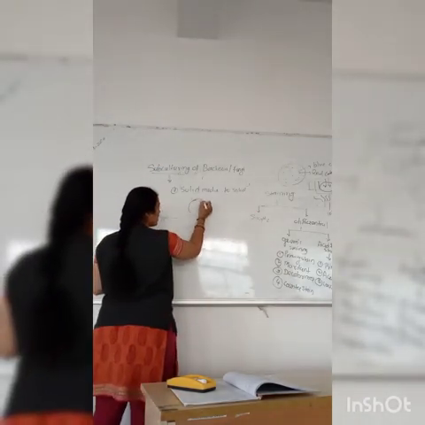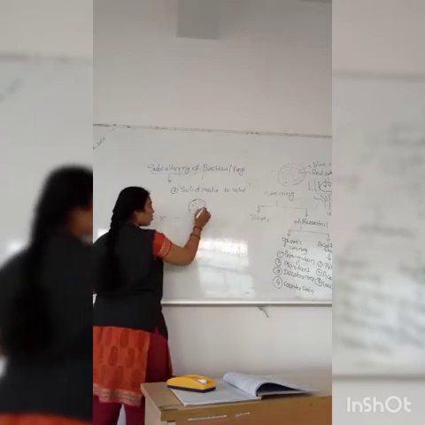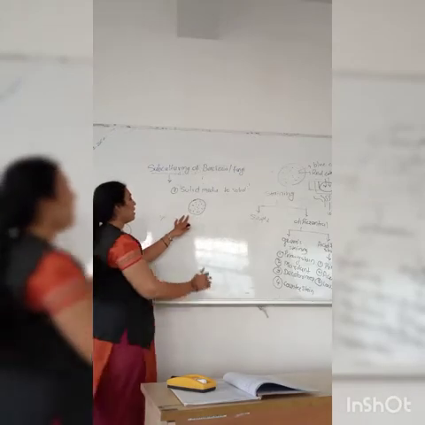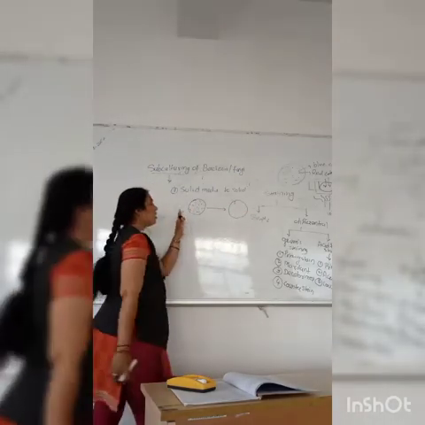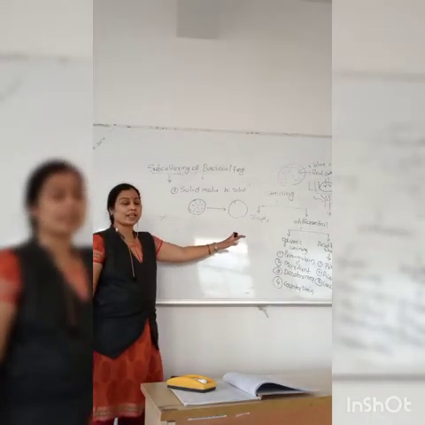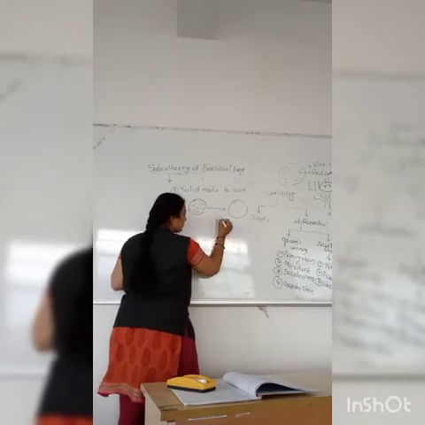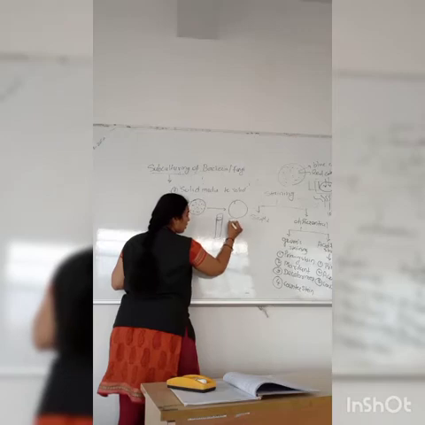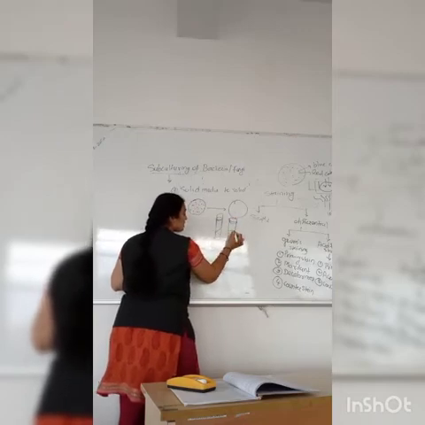Suppose here is a nutrient agar plate and a number of organisms are grown. Then after some period, you have to transfer it into a new plate with freshly prepared media, or you can take slants of nutrient agar. You can take these slants as well as stabs.